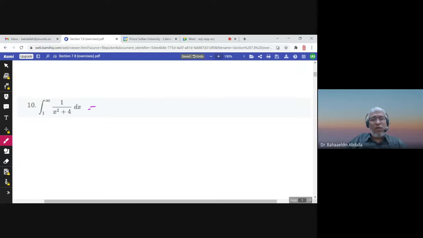Here we have an infinite limit. So we write it as the limit when t approaches infinity of the integral from 1 to t of 1 over x squared plus 4 dx. And the integral of 1 over x squared plus 4 is half tan inverse of x over 2, by the formula, from 1 to t.